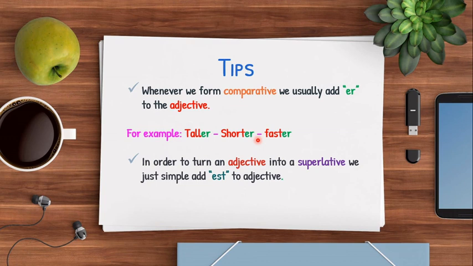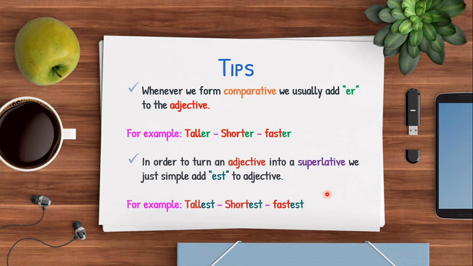In order to turn an adjective into a superlative, we just add est to the adjective. So tall becomes tallest, short becomes shortest, and fast becomes fastest. So that's what we have so far.